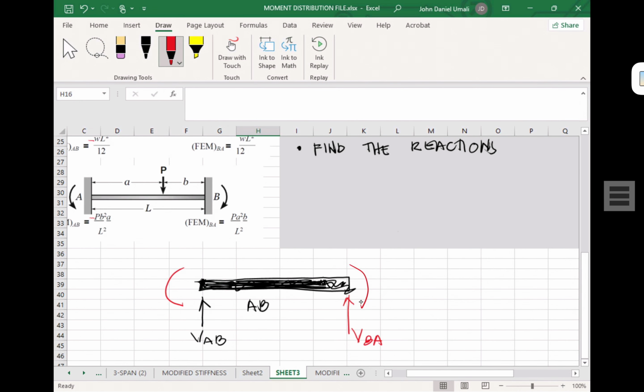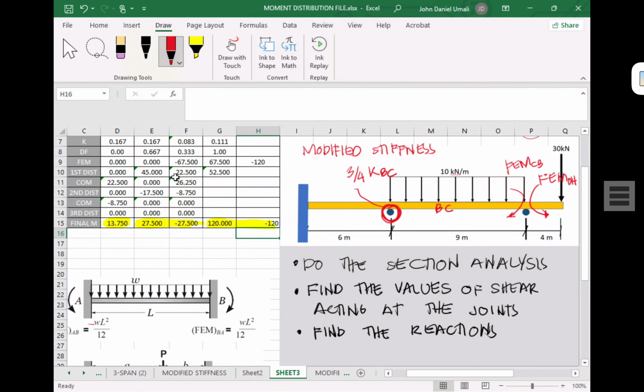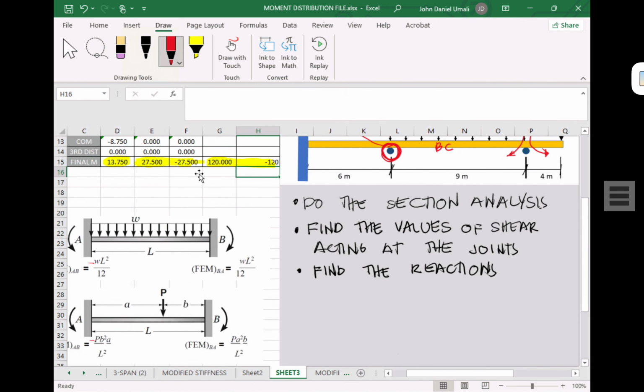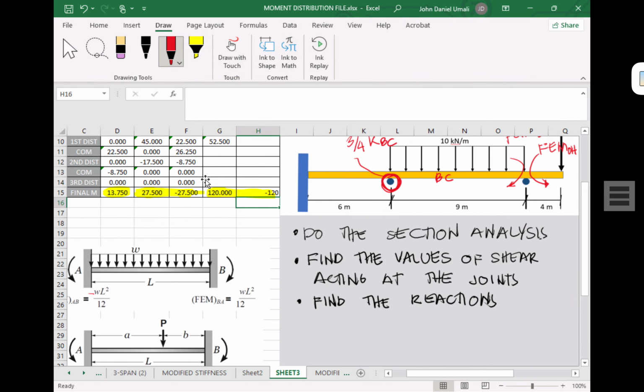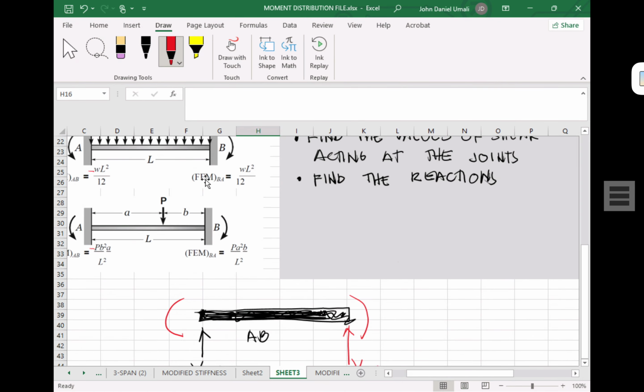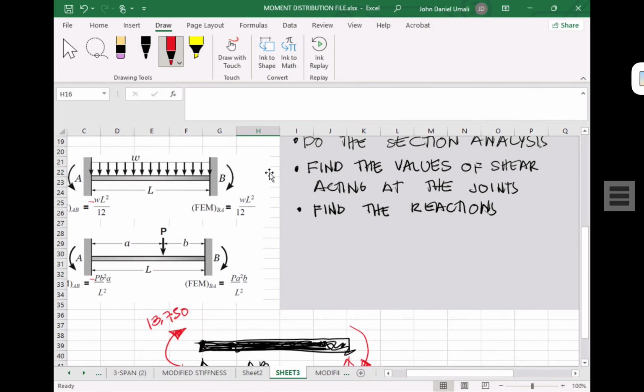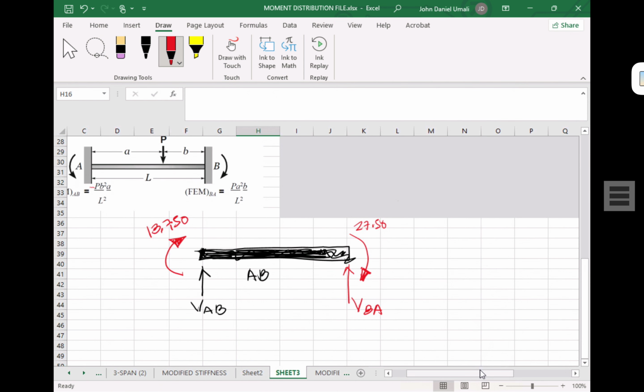Okay. So, mga moments mo is both positive. So, 13.75 positive. So, ibig sabihin that is clockwise. So, clockwise moment pala siya. 13.750. And then positive din 27.5, so clockwise din. And then solve for VAB and VBA.